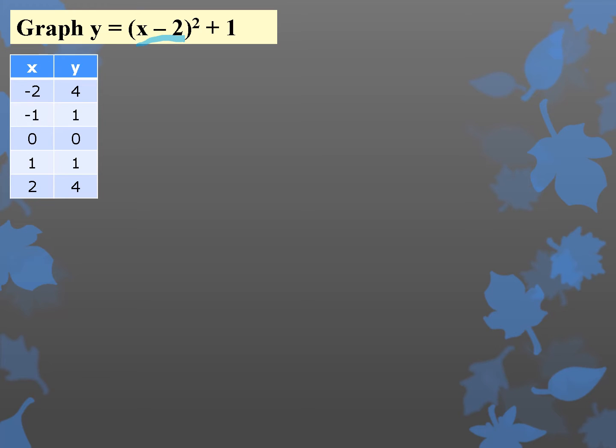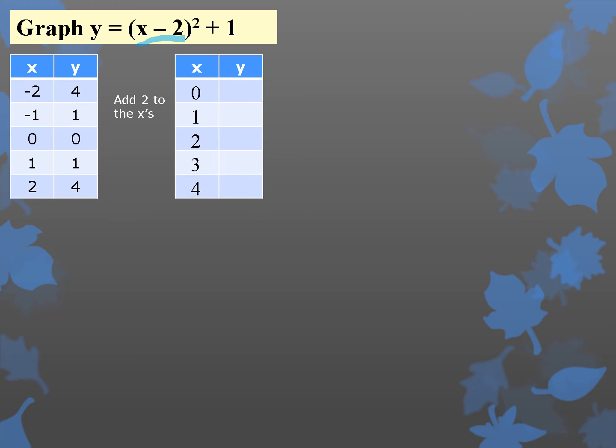Well, to go from old x's to new x's, the function says to subtract 2, but it's inside the part that's being squared. So that's opposite day. So what's the opposite of x minus 2? X plus 2. So we are going to add 2 to every single one of our x's right here in the x column.